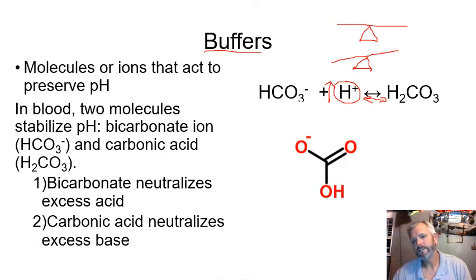Now, because I have lots of bicarbonate and lots of this, the change in this number is what's going to drive which way my equation goes. Because remember, law of mass action, I'm at equilibrium. Now I added a bunch of hydrogen ions. Now how do I get it back? Because this side got heavy, my equation is drawn in this direction, taking my bicarbonate, binding it to the protons, and creating carbonic acid.